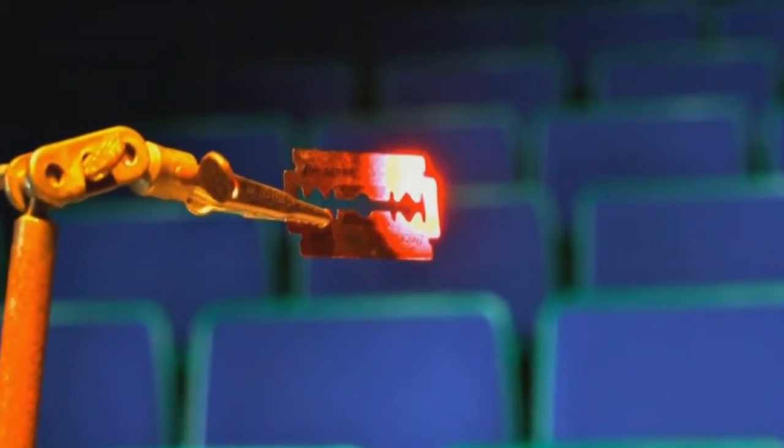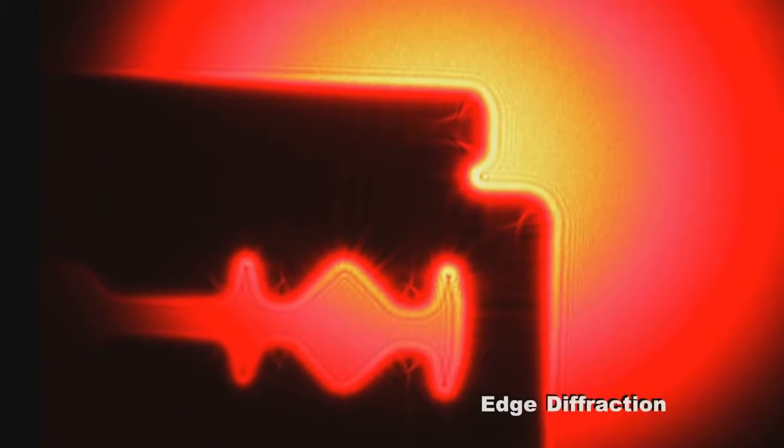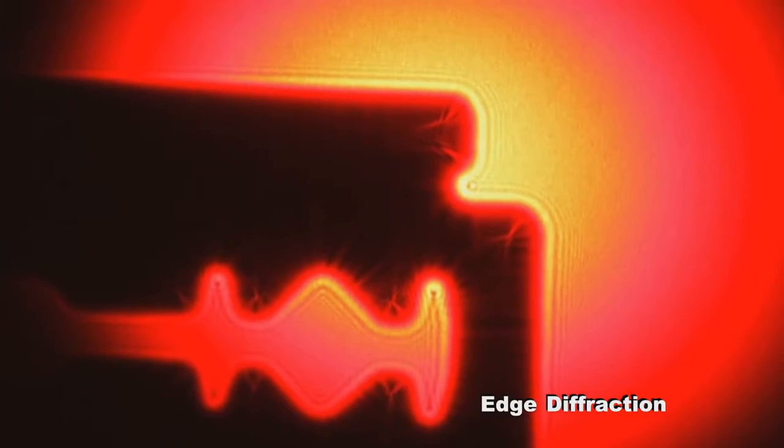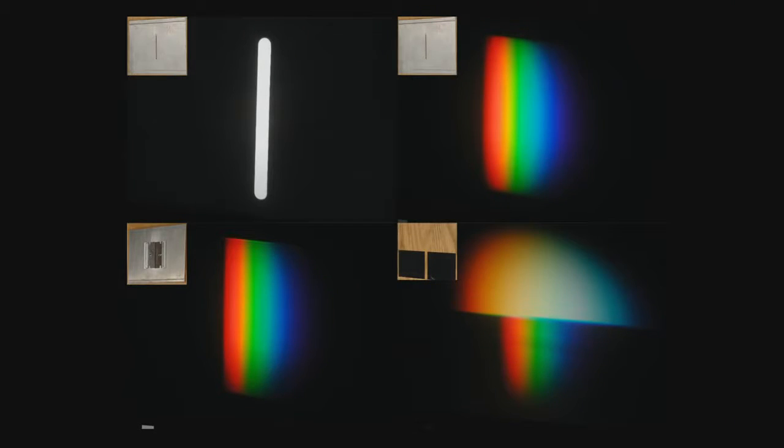Then with single edge diffraction, we see the very intriguing patterns around the edge of the razor blade. This is another very important clue. We also have important clues revealed in the continuous spectrum of light that is shown in these single-slit experiments.